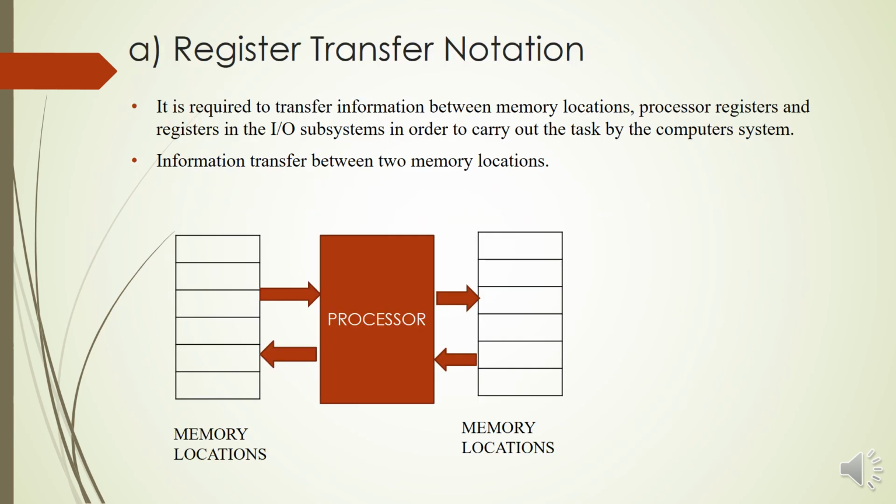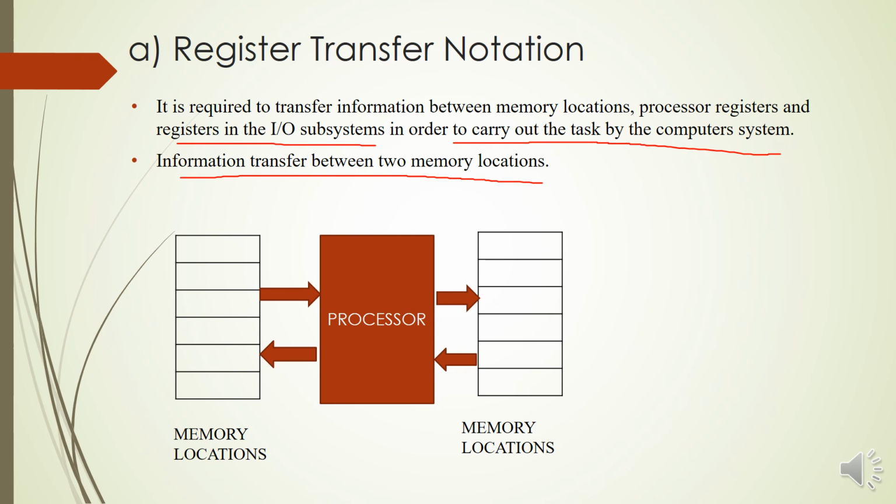For register transfer notation, it is required to transfer information between memory locations, processor registers, and the registers in the I/O subsystem in order to carry out any specified task by the computer system. Information transfer between two memory locations can be considered. Here, the memory locations are accessed and the data is given to the processor.